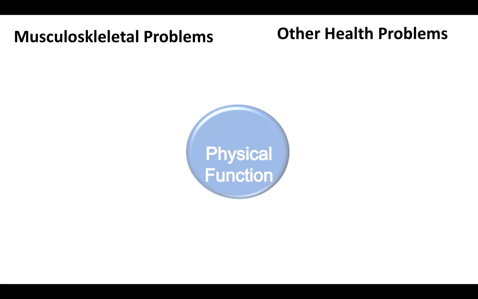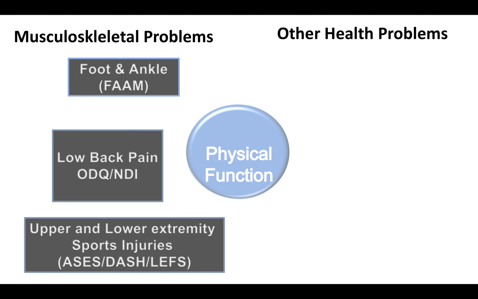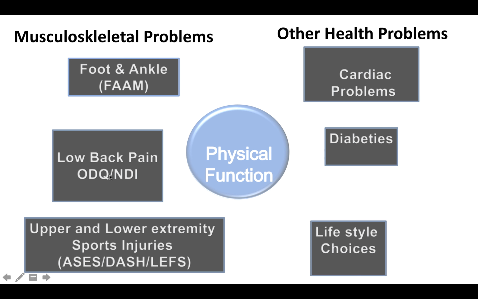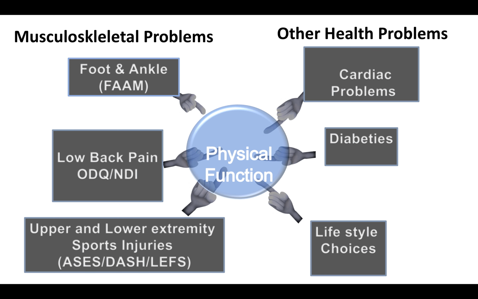But let's start with what a generic measure is and what it means to use this clinically. Many people regarding musculoskeletal problems are used to disease-specific measures. So a foot and ankle measure like the FAM for a foot problem, the ODQ or Oswestry Disability Questionnaire for a low back pain problem, and so on. But we know that other health problems like cardiac problems, diabetes, and just lifestyle choices also influence physical ability.